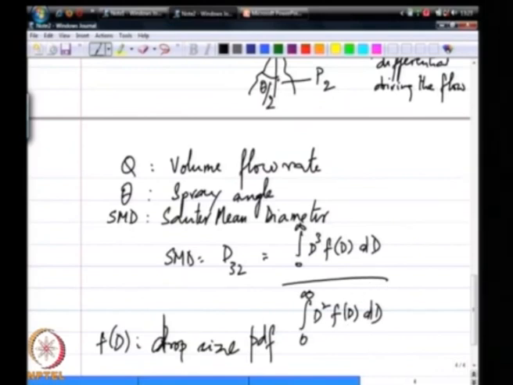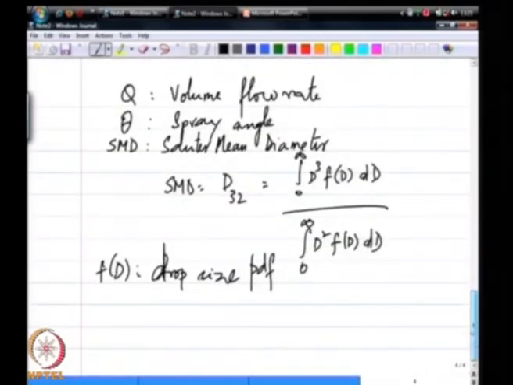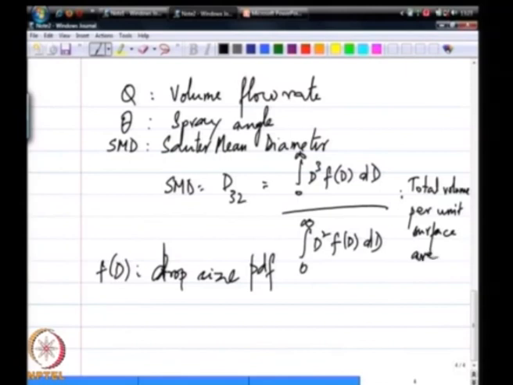Okay, now clearly you can see this has units of diameter, and this usually has a special relevance when it comes to sprays, because this is the total volume per unit surface area. We looked at this early on, and the total volume per unit surface area has a relevance to a lot of spray applications.